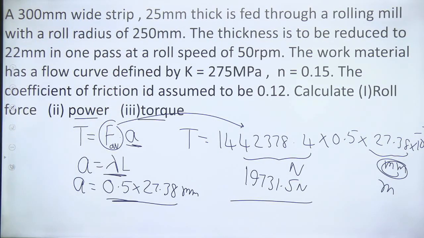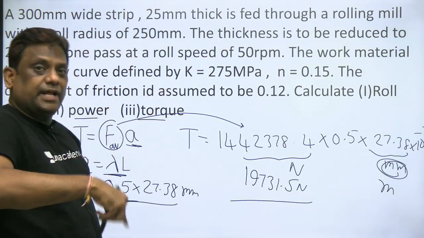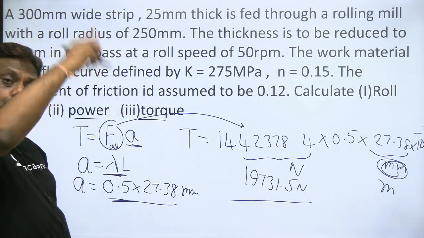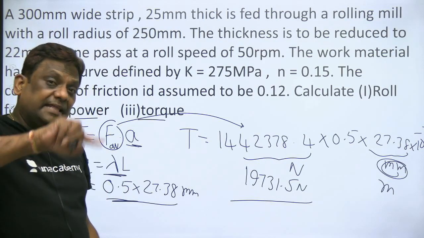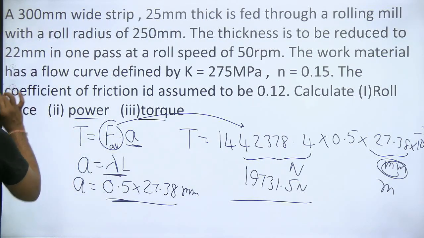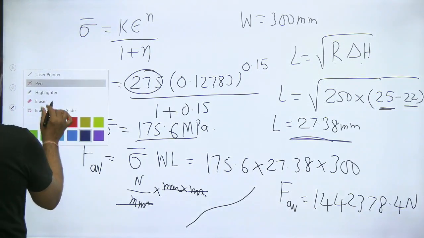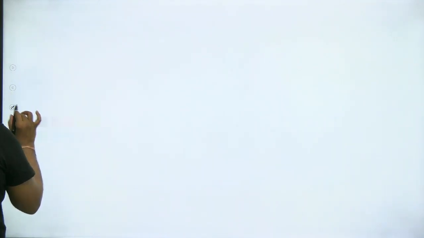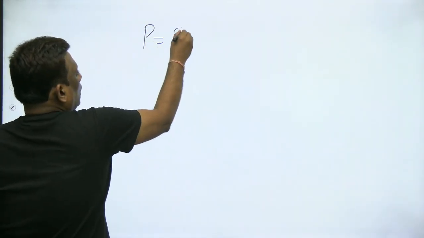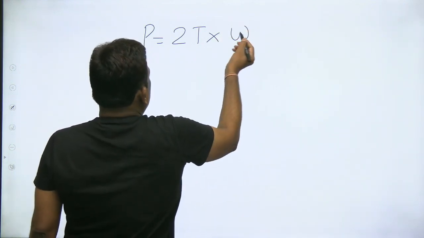So what will we do for power? Multiply by 2, because there is the torque of one roll and the torque of the other. We need to rotate both. By rotating only one you cannot achieve it. So power will be multiplied by 2. So power will be equal to 2 times T into omega. Omega is 2 pi n by 60.